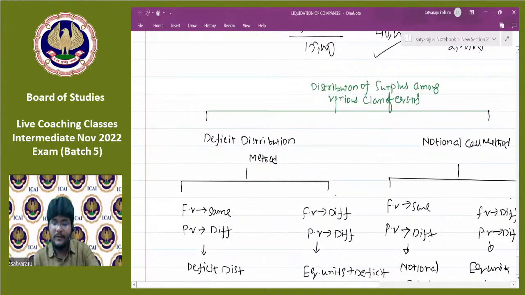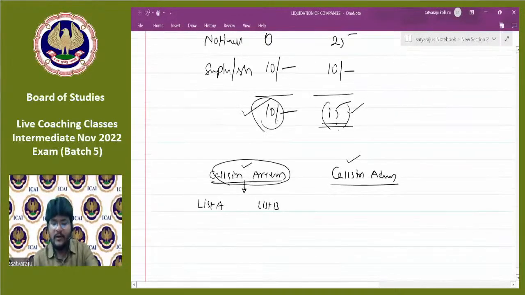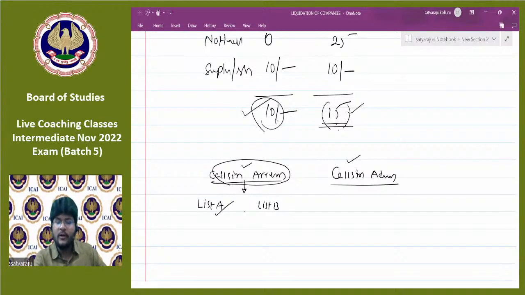But if list B contributory is coming into the picture, then the treatment for calls in arrears is altogether different. Because till now, I'm not differentiating that certain contributories are list A contributories and certain contributories are list B contributories. Unless otherwise it is clearly specified, you can apply the same accounting treatment.